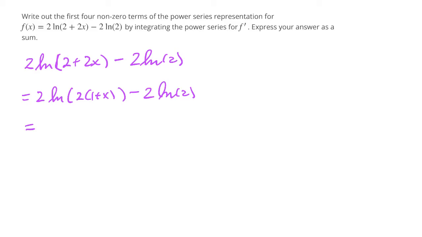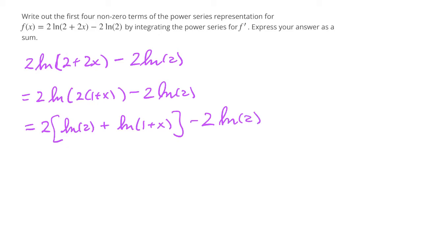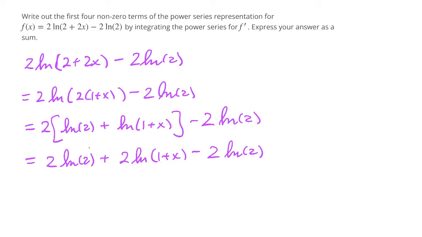Then I could use my properties of logs to say that that's 2 times the natural log of 2 plus the natural log of 1 plus x, minus 2 natural log of 2. If I distribute my 2's, I have 2 natural log of 2 plus 2 times the natural log of 1 plus x, minus 2 natural log of 2. The 2 natural logs of 2 cancel out, and this is really 2 times the natural log of 1 plus x, but I know what that power series is.